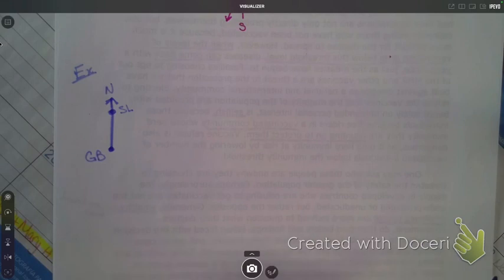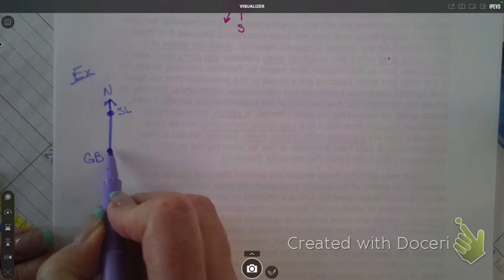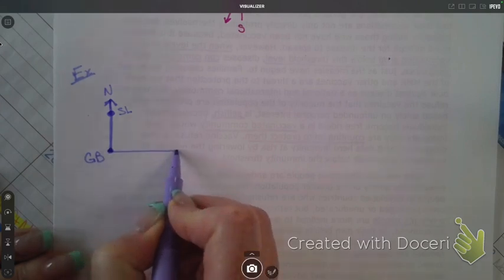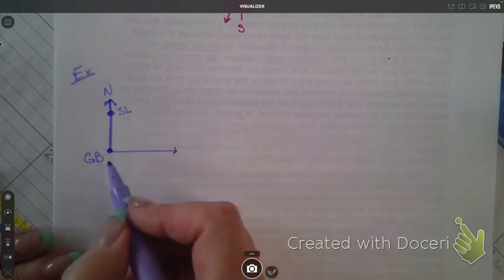If Arroyo Grande is 4.6 miles due east of Grover Beach, so here's Grover Beach, due east would be what? Right. Label the dots: San Luis, Grover Beach.